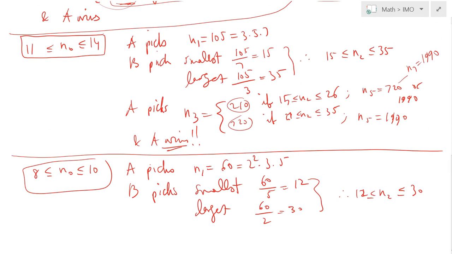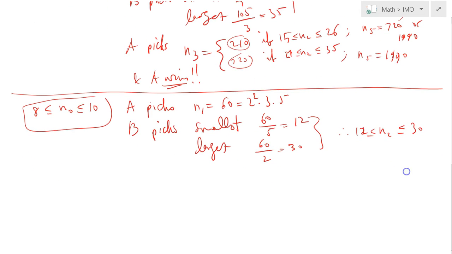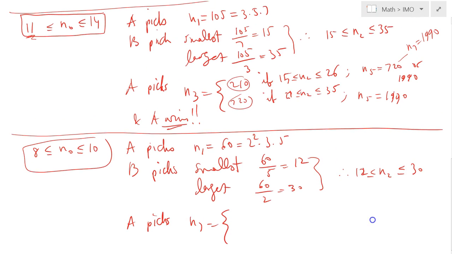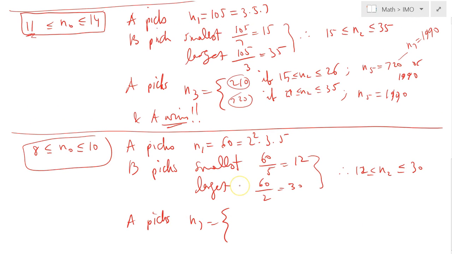Therefore, if N2 is between 12 and 14, A picks N3 equals 105.